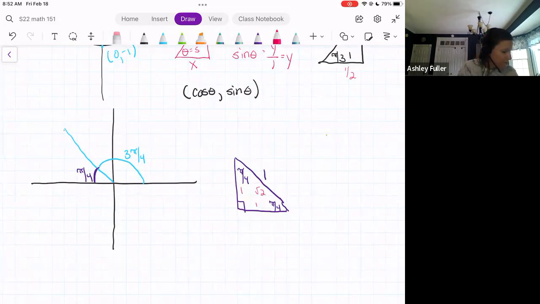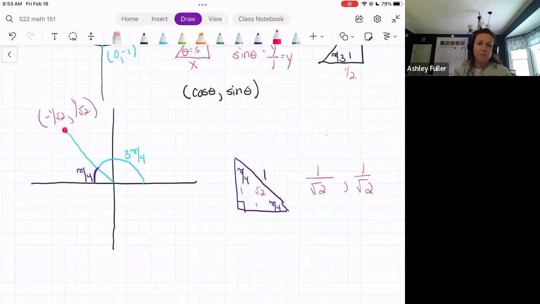So therefore, we know that our cosine is going to be 1 over the square root of 2. And our sine is also going to be 1 over the square root of 2. But how does that correspond to this (x, y) point? It's in the negative x-axis, so it's -1 over the square root of 2, and the y is positive. So that ordered pair corresponds to a theta of 3 pi over 4.